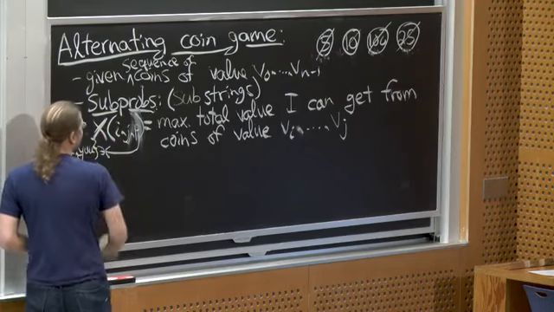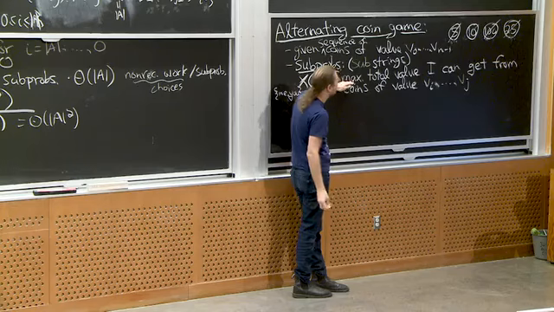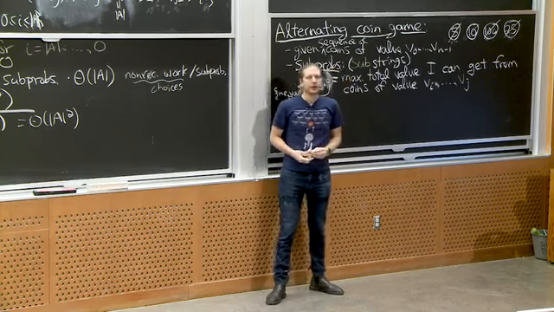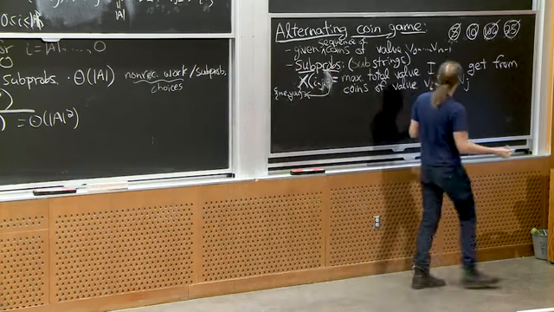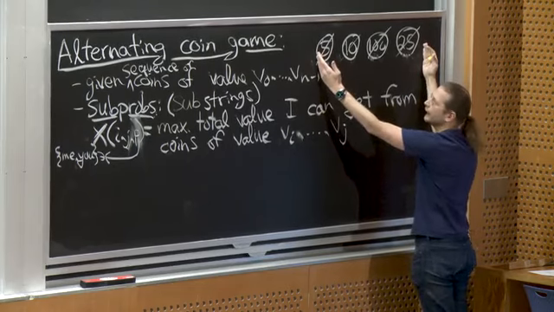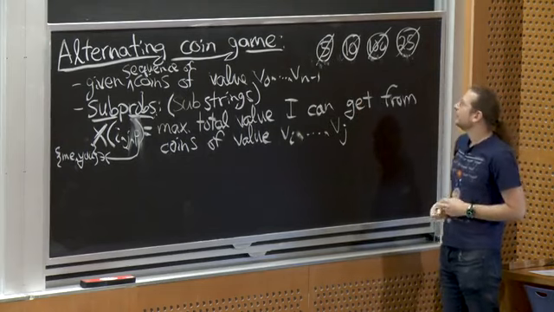And this gets at a point that's maybe not totally clear from this definition: the max total value that I can get from this substring of coins. But this is not obviously what I need. So obviously at the beginning, I want the whole string, and I want to know what my maximum value is. Fine. And I go first in this game. I didn't specify, but I do.